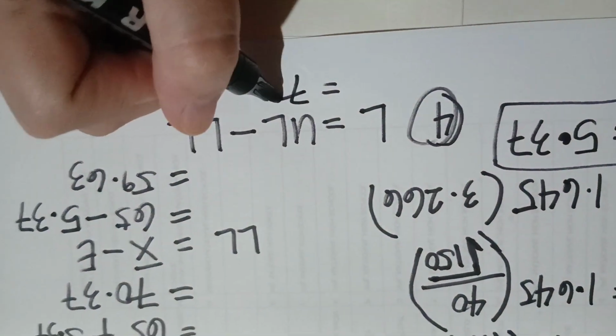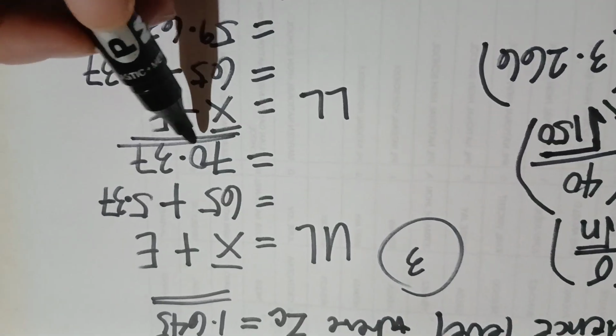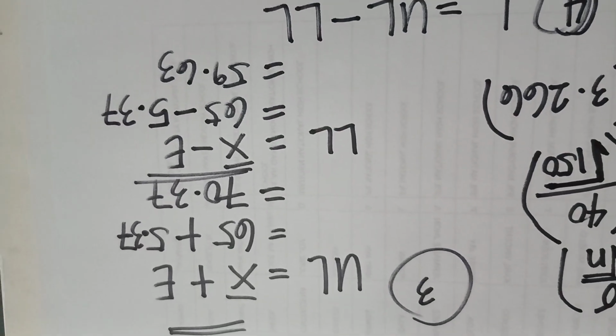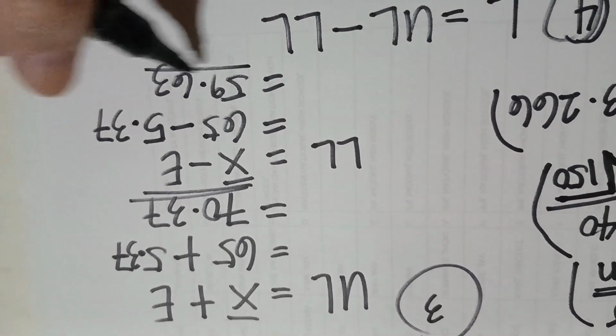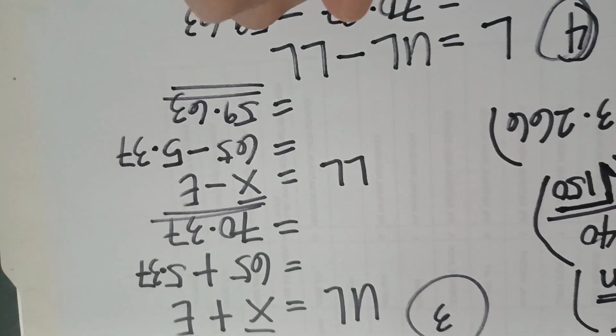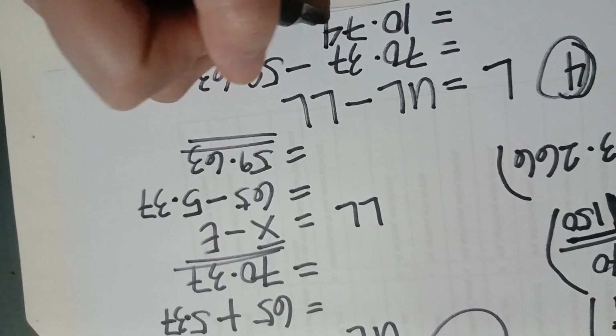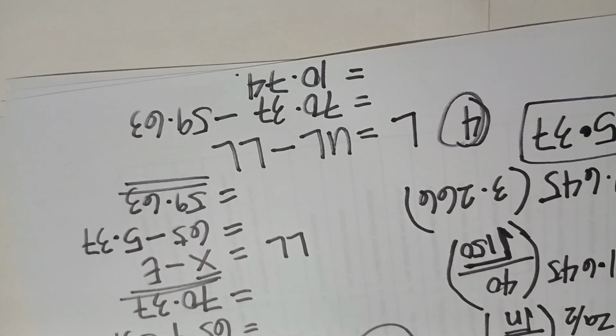So we have 70.37, the value of the upper limit, minus the lower limit, 59.63. So the answer is 10.74. Okay, so 10 points.